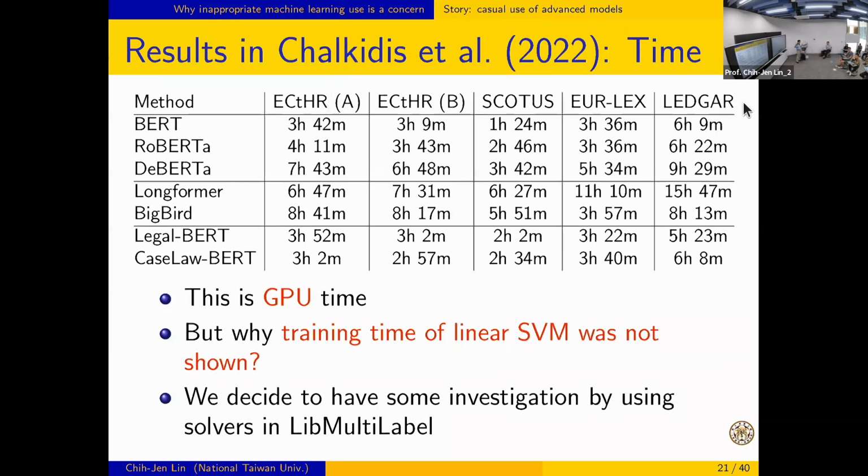I don't know why, but that's not very important. The important thing is about those rows. Now you can see we have all BERT variant methods. Then we see okay, 3 hours, several hours, something like that, for training BERT. This is of course GPU time.